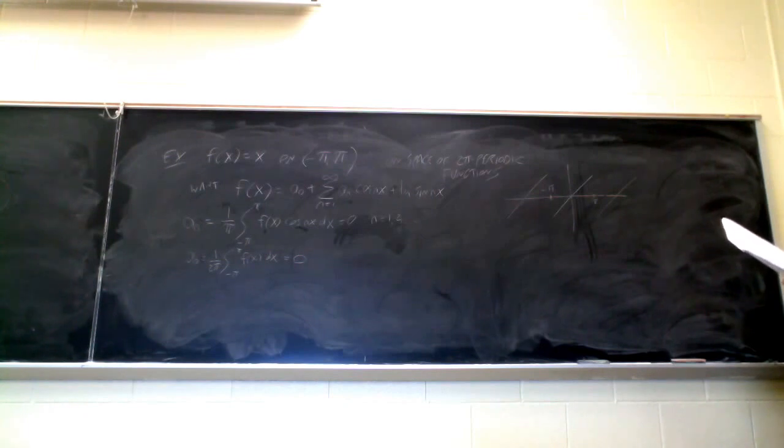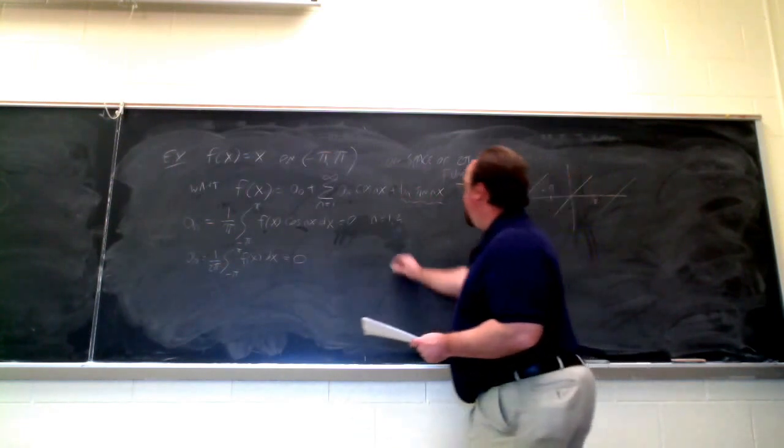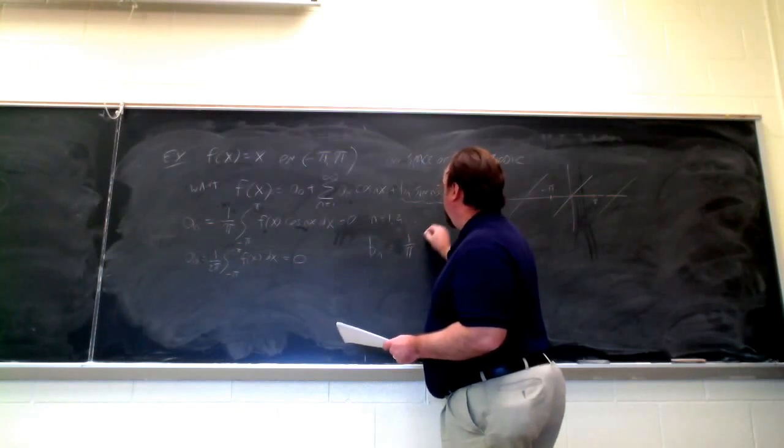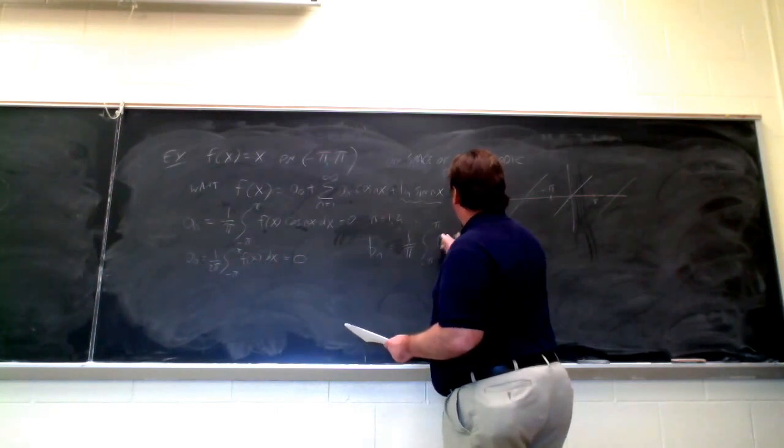Okay. So it's really just the b_n's that are left. So b sub n has a similar definition to a sub n. So it's 1 over pi, that'll be the integral of f of x sine nx, or x sine nx, dx.